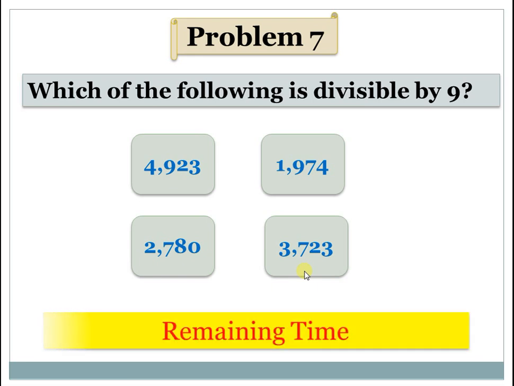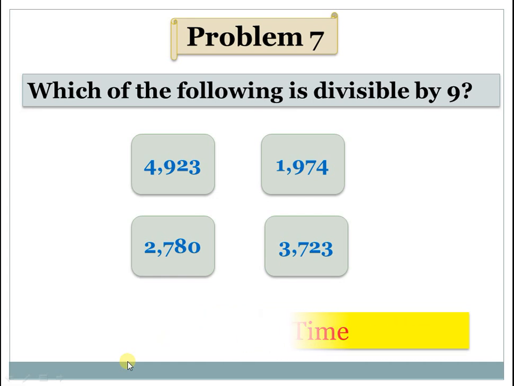Let's have one more. Time is up. So the number which is divisible by 9 is 4923.